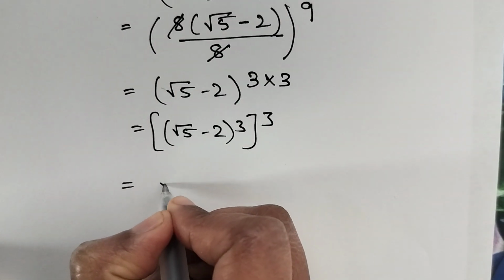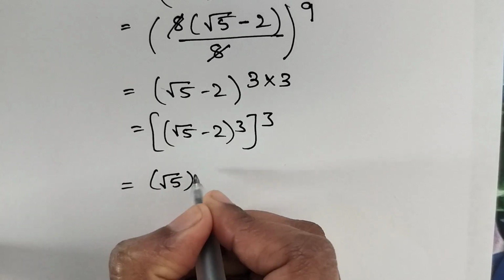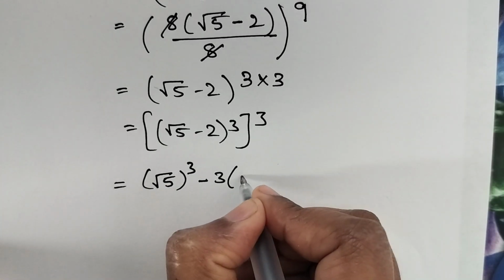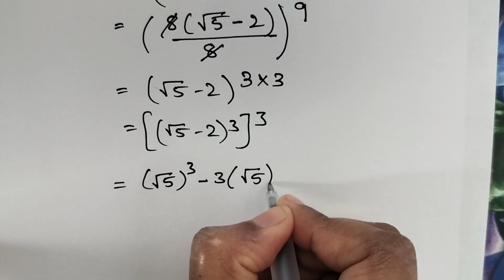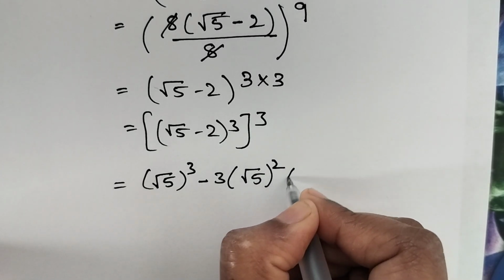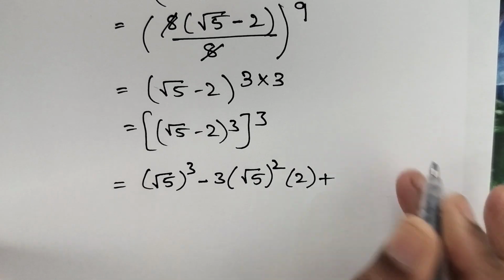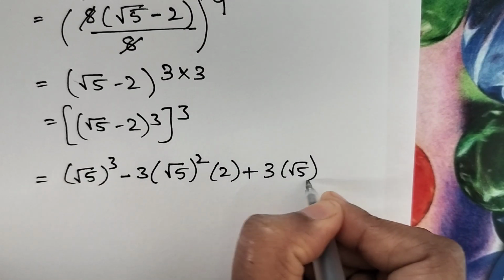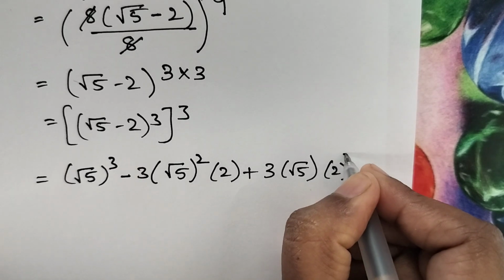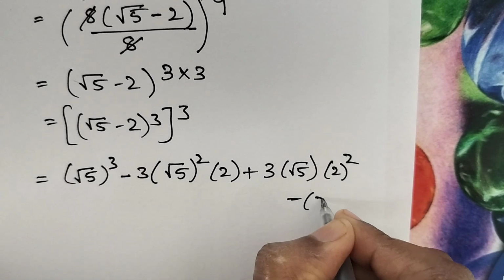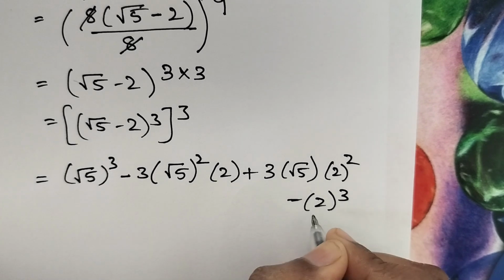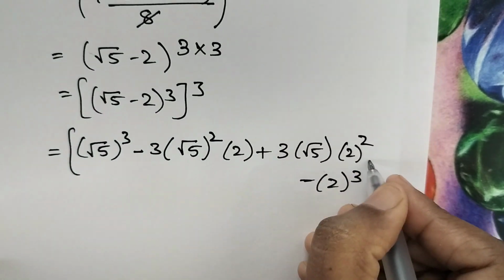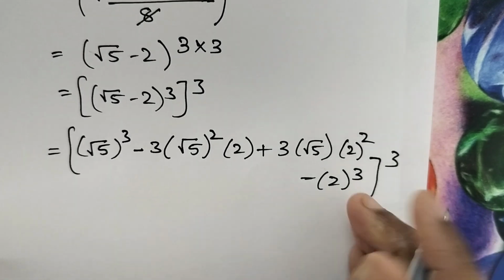So square root of 5 whole to the power of 3 minus 3 square root of 5 whole to the power of 2 times 2, plus 3 square root of 5 times 2 square, minus 2 cube, so b cube, now whole to the power of 3.